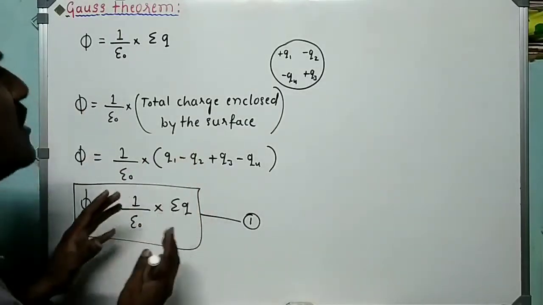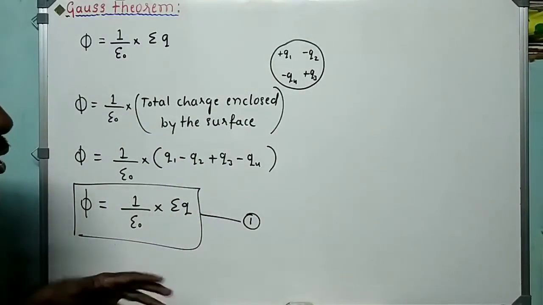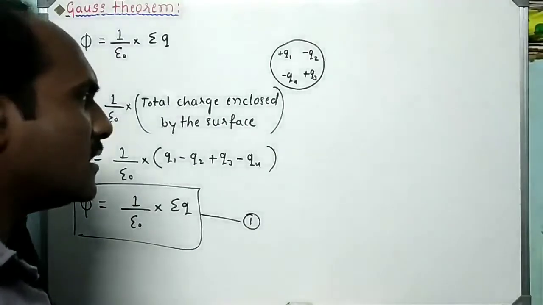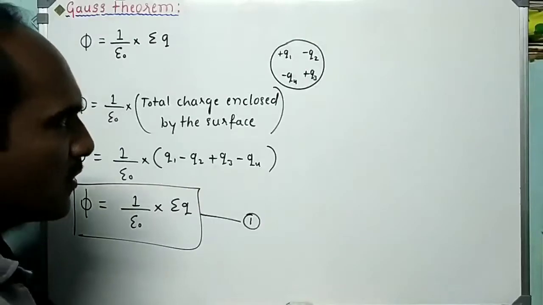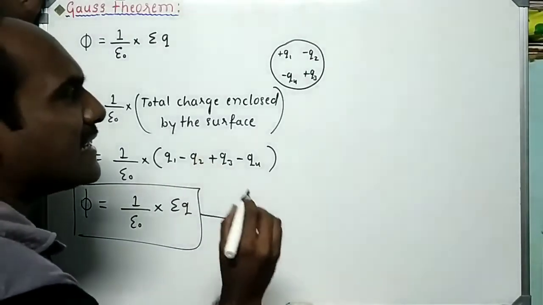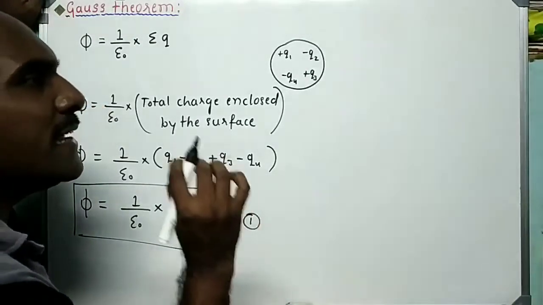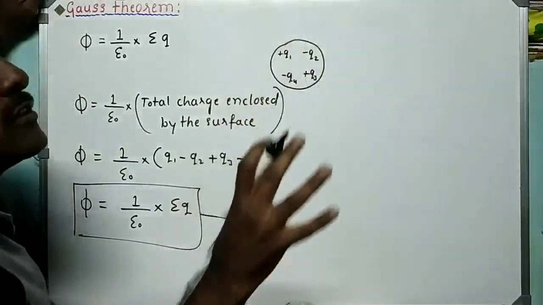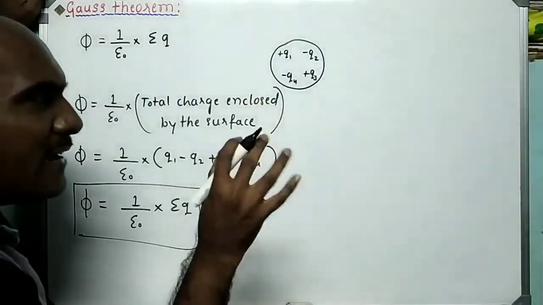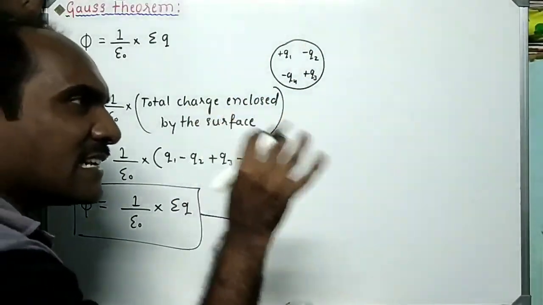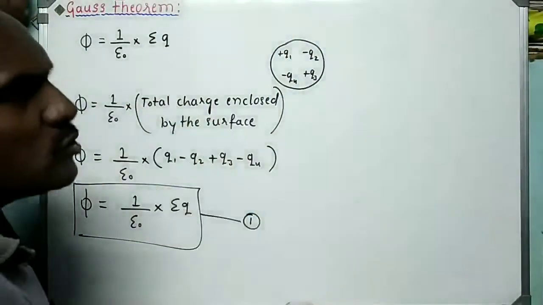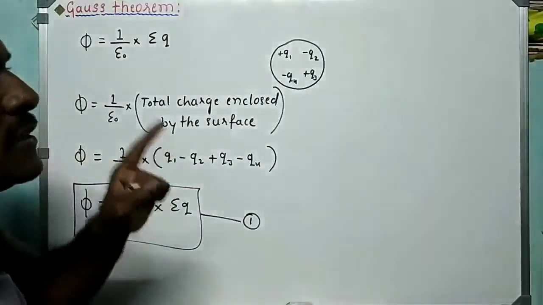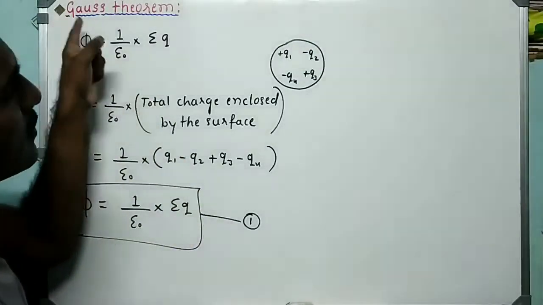There is a condition to apply the Gauss theorem. What are those conditions? See here, if you want to apply Gauss theorem, there are two conditions. First one is electric intensity should be equal at all points on the surface. Okay? And that electric intensity, that electric field, it should act normal to the surface. If these two conditions are satisfied, you can apply Gauss theorem.